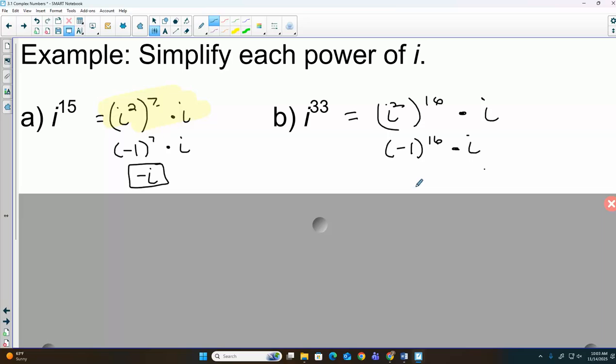If I have an even number of negatives, type it in your calculator, put negative 1 in parentheses. It's a positive. Yeah, your parentheses. So if you're using your calculator, you have to put it in parentheses. An odd number of negatives stays negative. An even number of negatives becomes positive. So this one just gives me i.